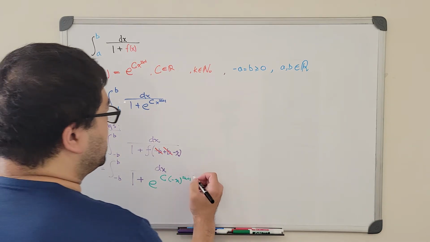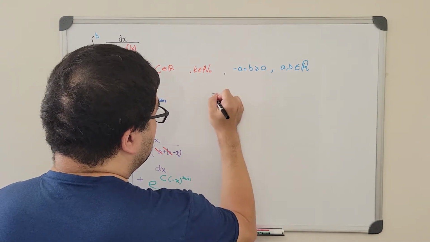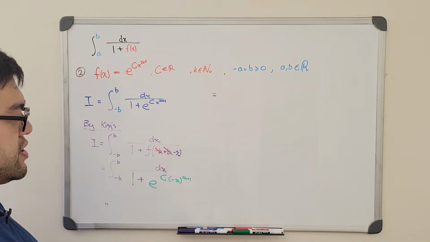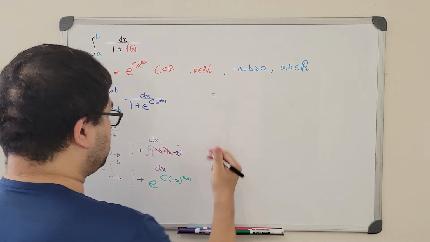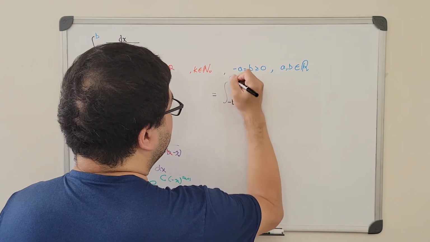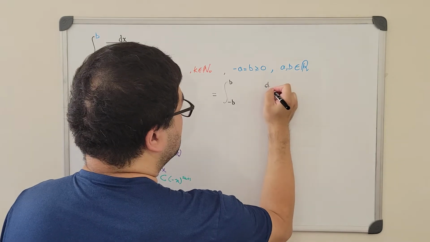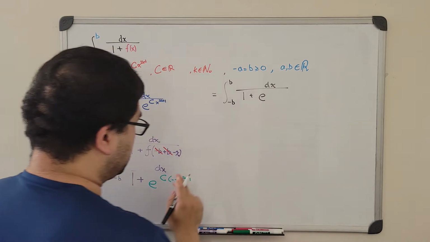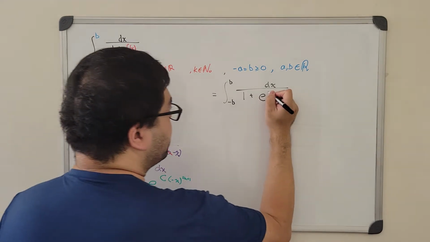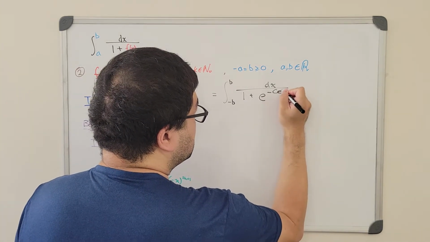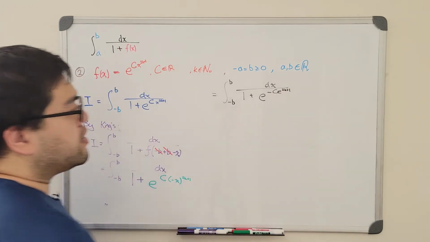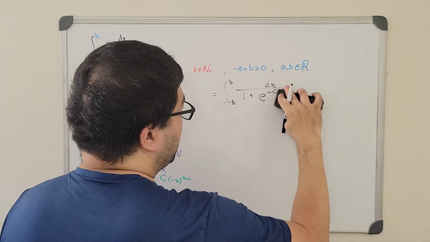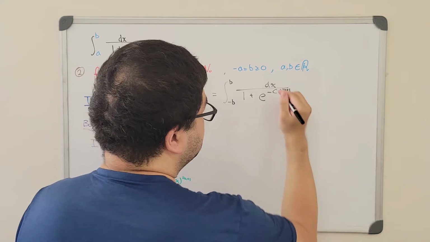It's always an odd number, meaning if we put a negative inside, it will always give us a negative result, such that we get the integral from negative b to b of dx over 1 plus e. So again, we're going to put a negative to give us this expression up here. Negative c, e, not e, excuse me. Negative c x to the 2k plus 1 power.